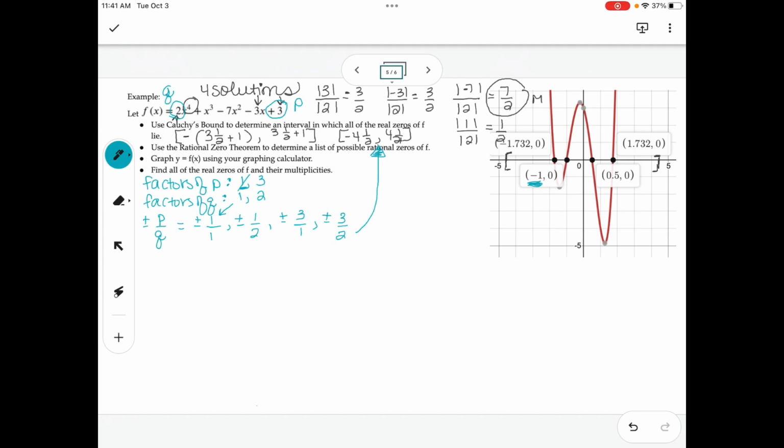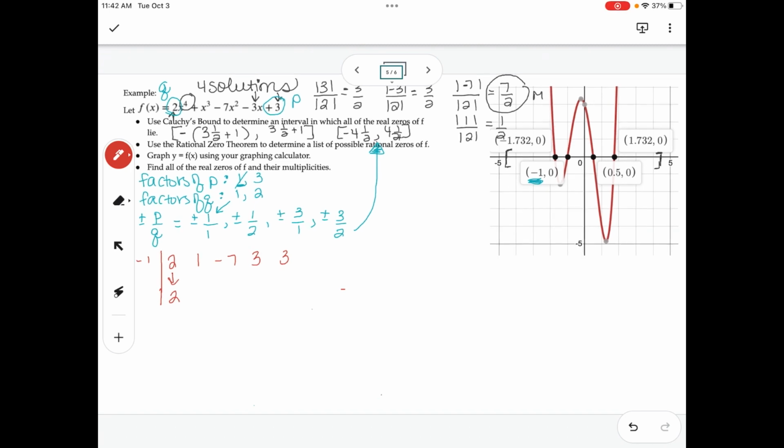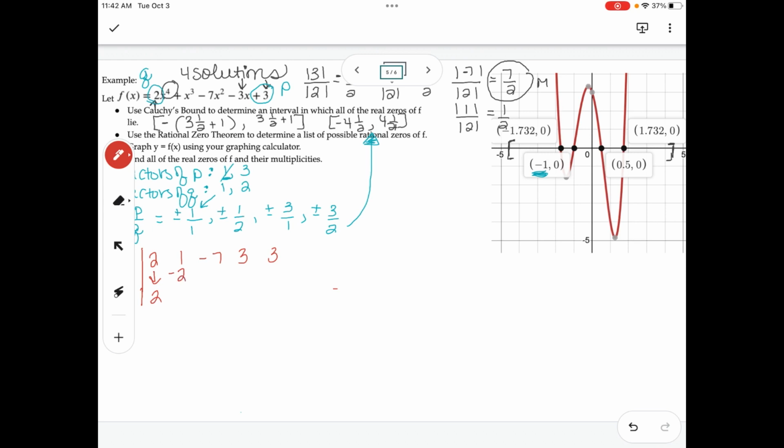So let's use -1 to reduce the polynomial. So we'll start with -1. I have 2, 1, -7, 3, and 3. I didn't have any missing pieces along the way. I'll bring down 2. -1 times 2 is -2.